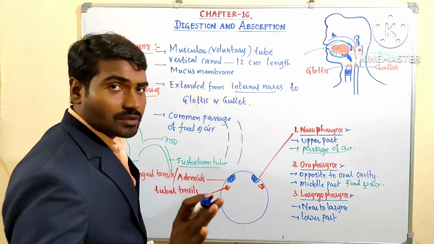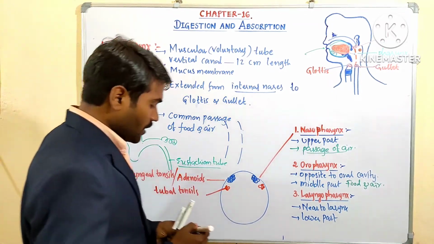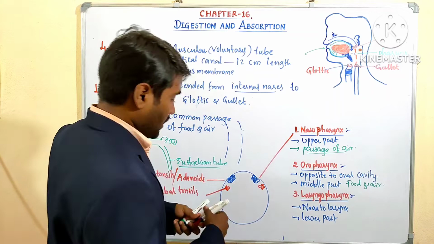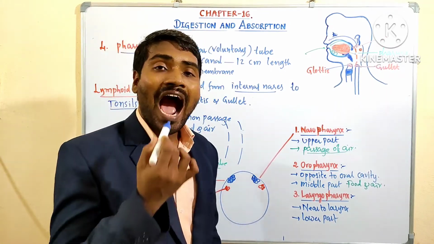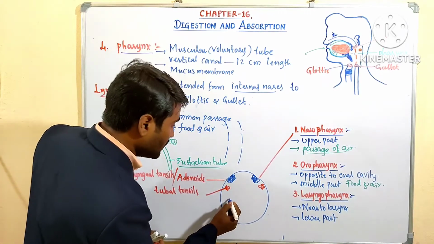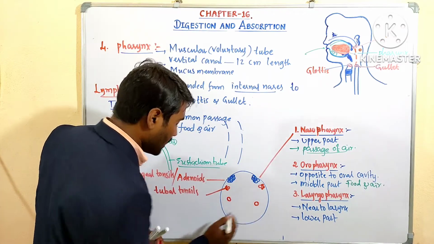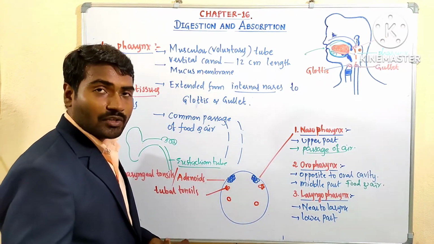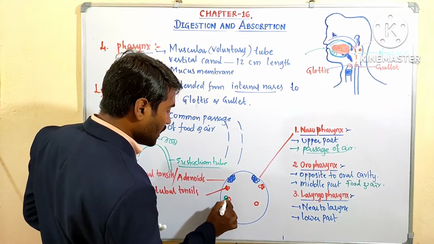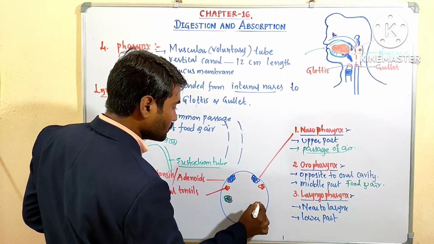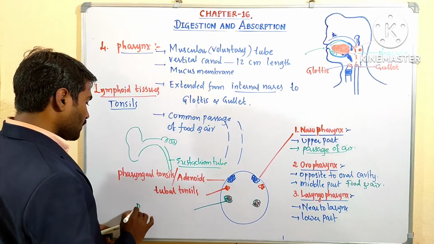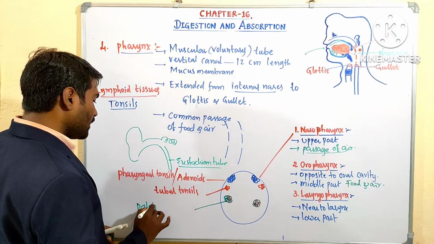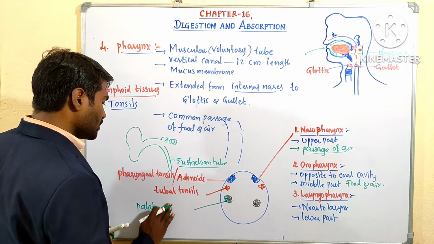Tubal tonsils. Now, in the oropharynx also, this is the oral region. Here also a pair of lymphoid tissues are present. So these are called palatine tonsils.